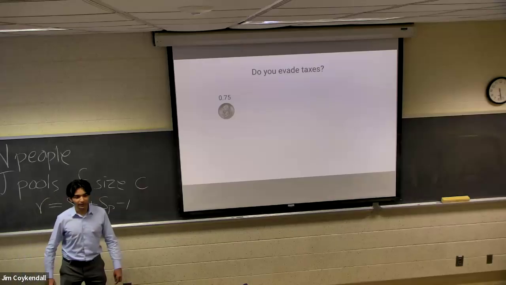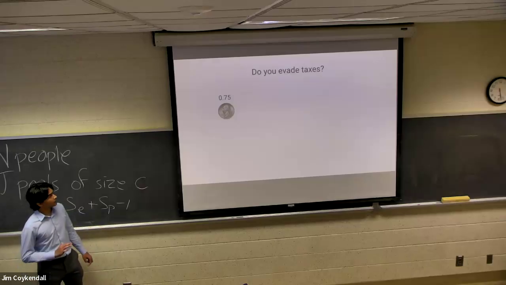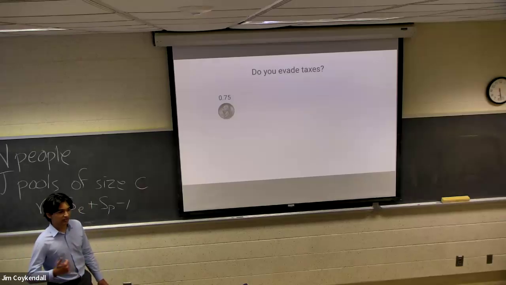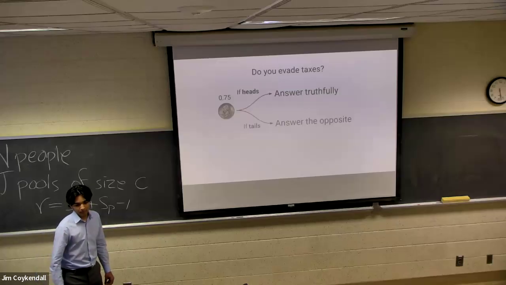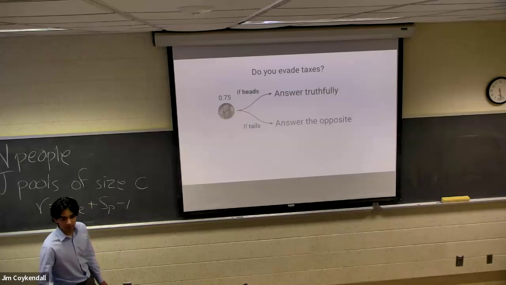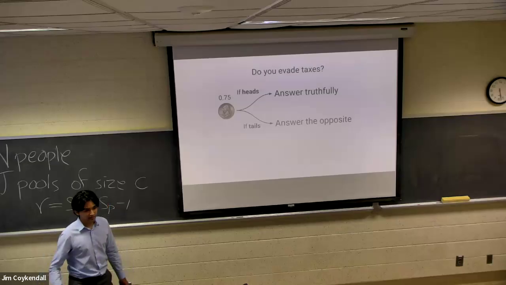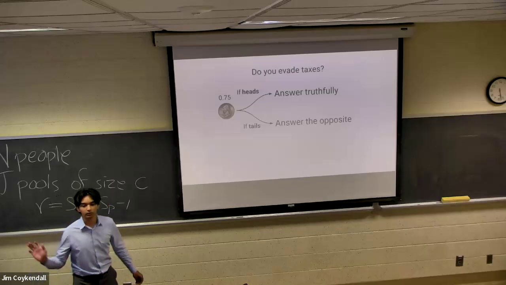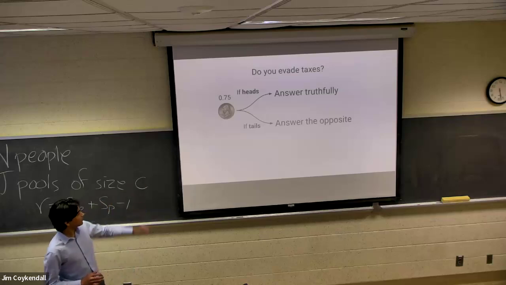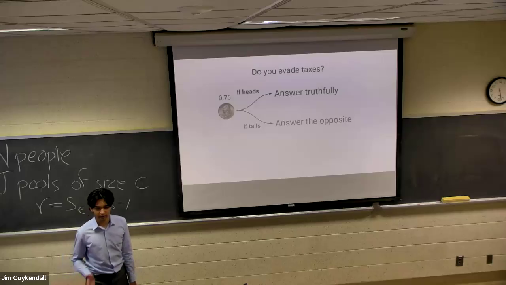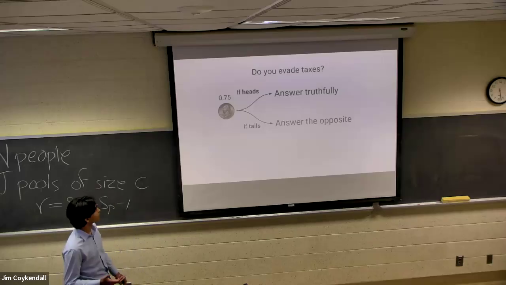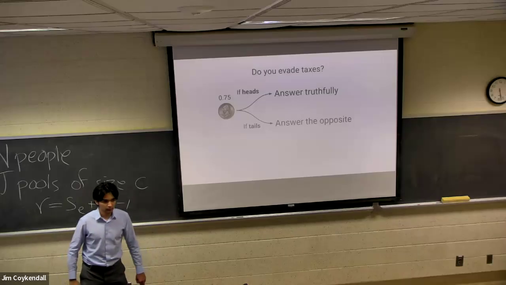So imagine you have a coin, and this is a weighted coin. So there's a 75% chance that it's heads, just for convenience. If you flip the coin, if it's heads, you answer truthfully: yes, I do evade taxes. If it's tails, you answer the opposite of the true answer. You say, no, I don't evade taxes. So this adds noise.